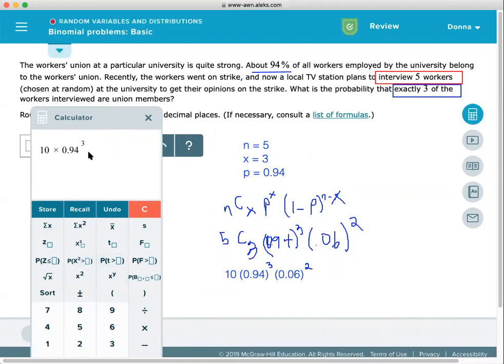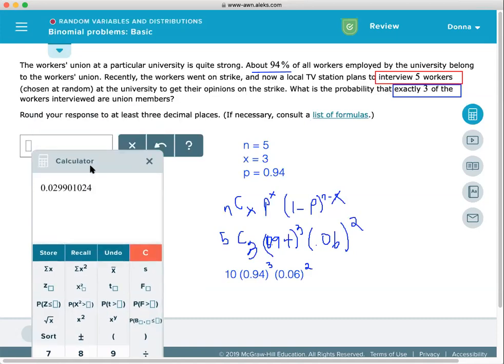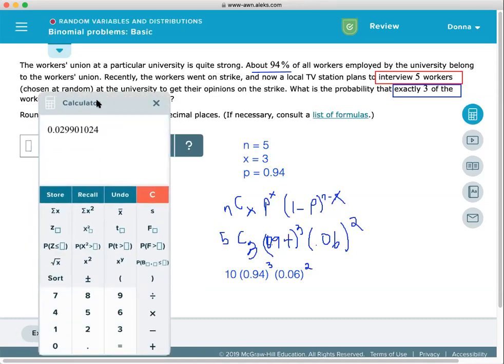And again, instead of doing the 0.06 like I did in my head, you could do 1 minus 0.94 and then raise that to the 2nd power, or you can write it as 0.06, either way. And when you do that, you get 0.02999, and then they say round your answer to 3 decimal places.